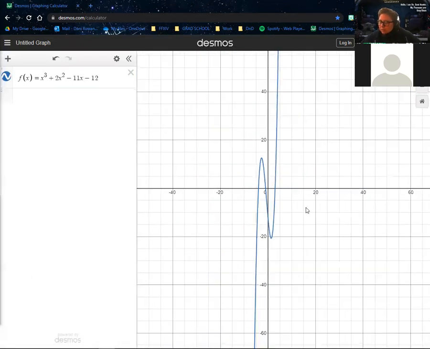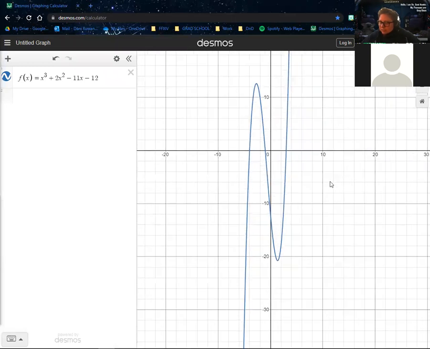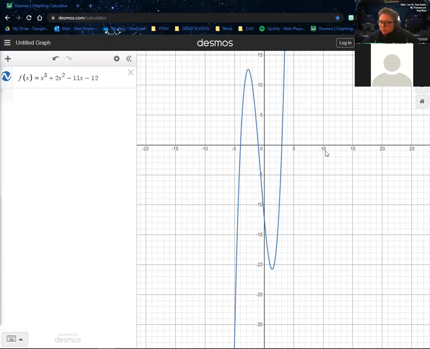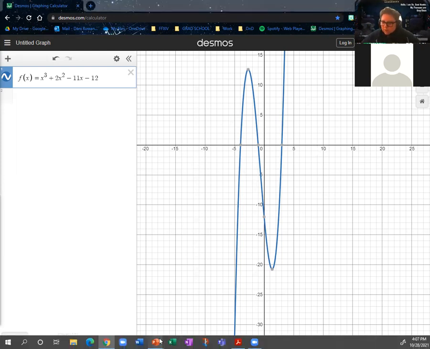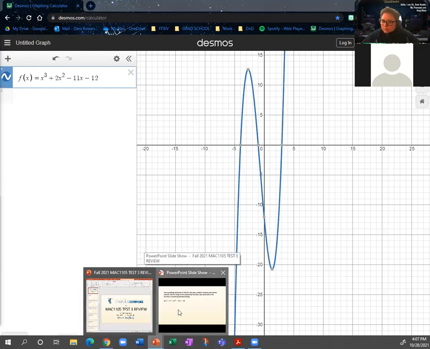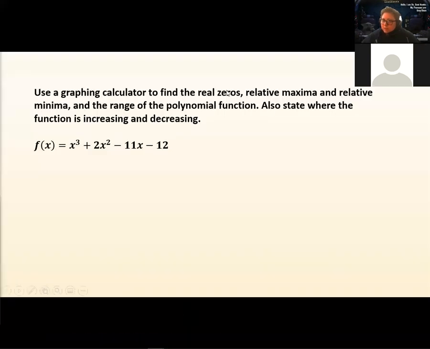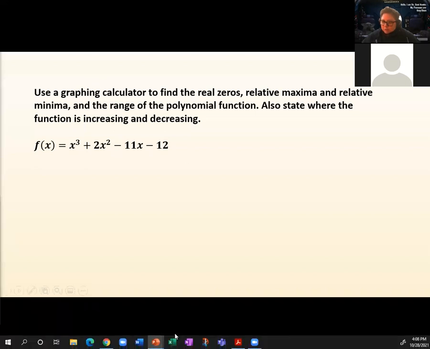Okay, and I'm going to zoom in so you guys can kind of see it. This is pretty much it. So it loops up, comes down, loops back up, goes off forever in each direction, right? Going back to what it's asking, it wants the zeros, the maximum, the minimum, and the range.